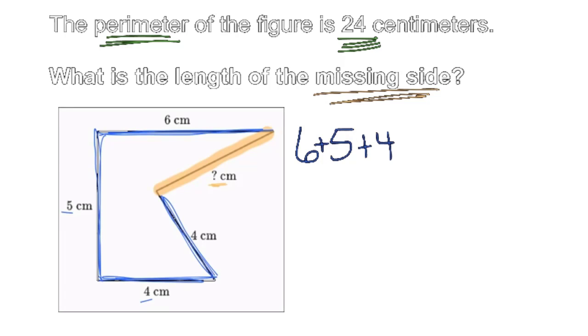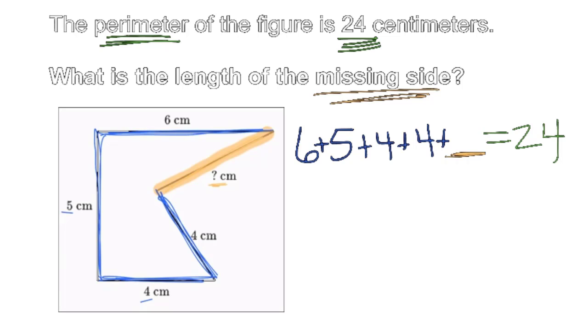And the last known side is another 4 centimeters. So when we add all those plus this mystery side, we should get a perimeter of 24. The entire distance, the 6 plus the 5 plus the 4 plus the 4 plus this mystery number should get us to a perimeter of 24.